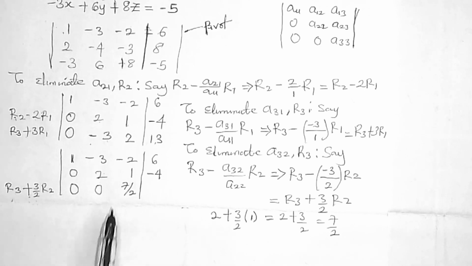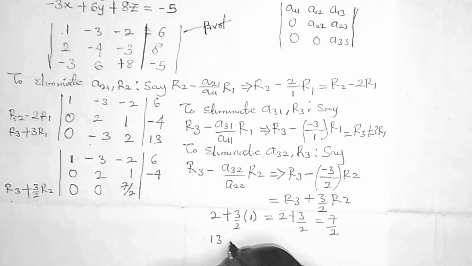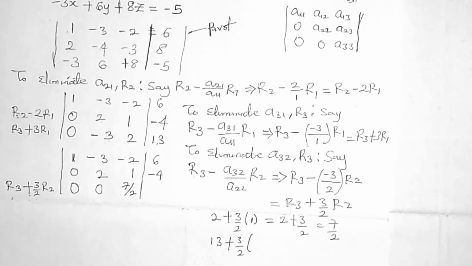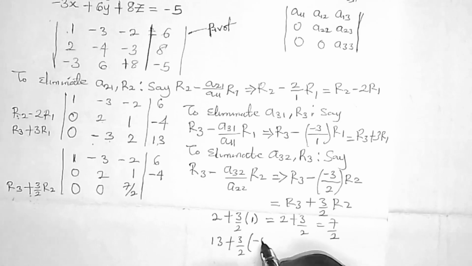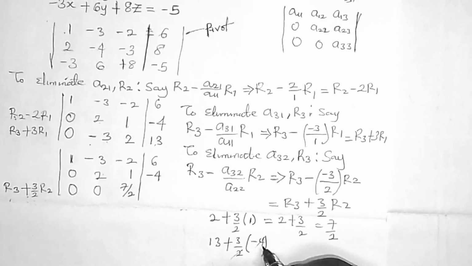Now the next thing is to do this last part. Our R3 here is 13. So we have 13 plus 3 over 2 multiplied by your R2, which is minus 4. Can you see that now? 2 here 1, 2 here 2.